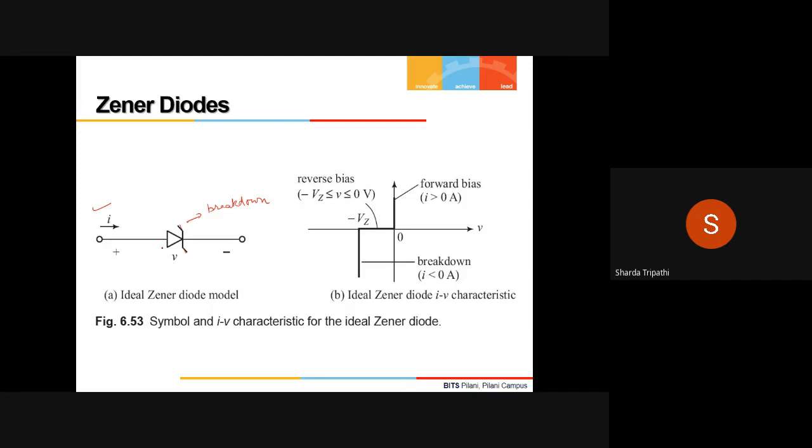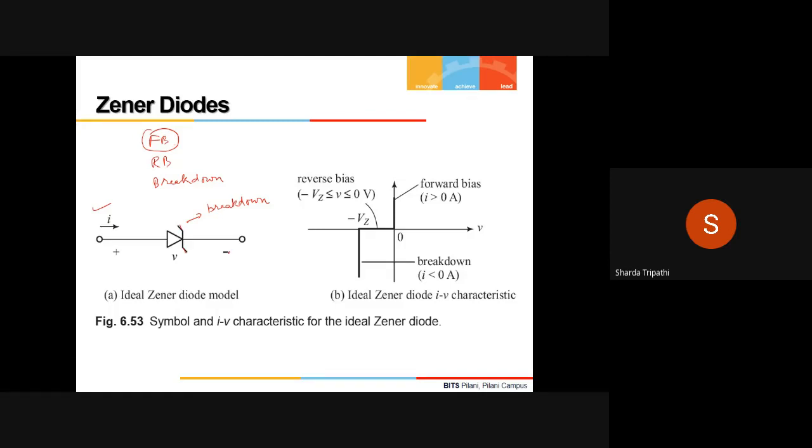We have seen that Zener diodes work in the breakdown region. That does not mean that it cannot work in the forward bias region or the reverse bias region. In fact, Zener diodes can work in all three regions: forward bias, reverse bias, and breakdown. But for forward biasing, Zener diodes are rarely used. Why?